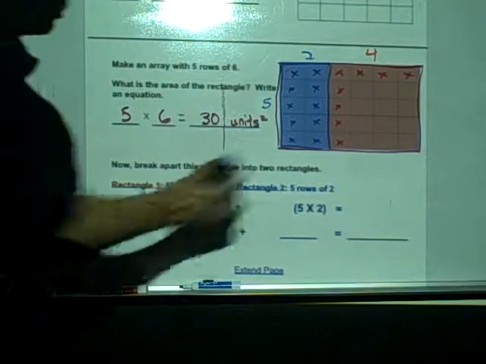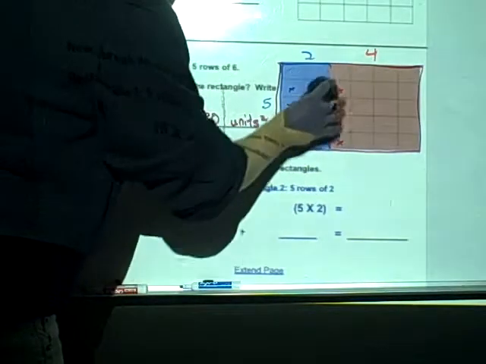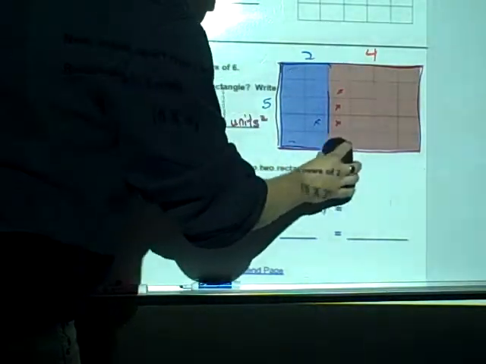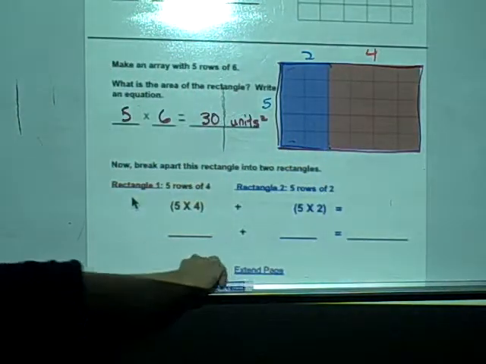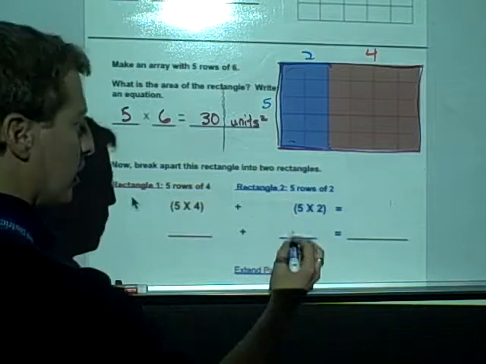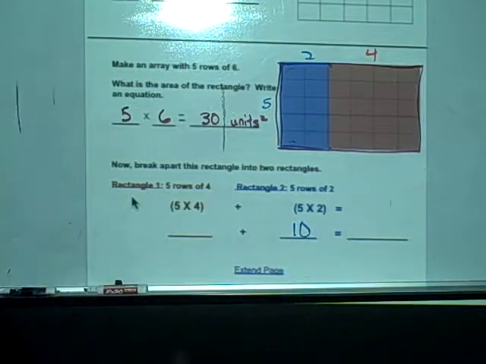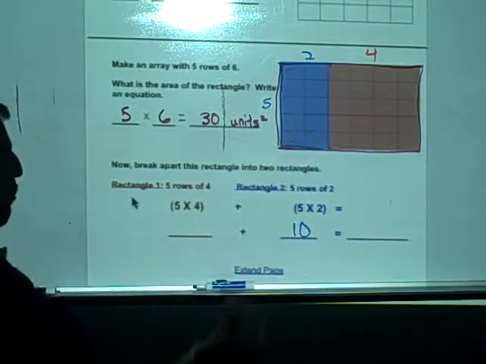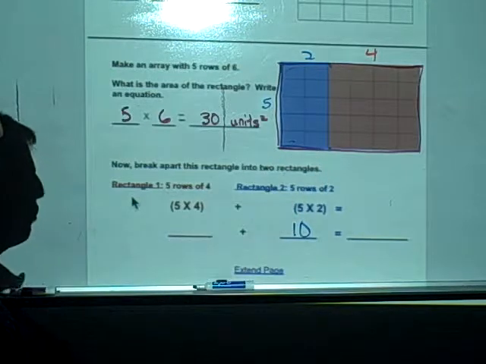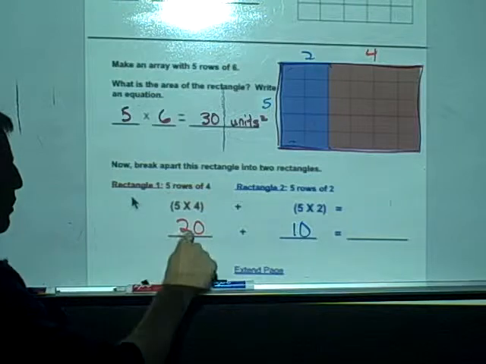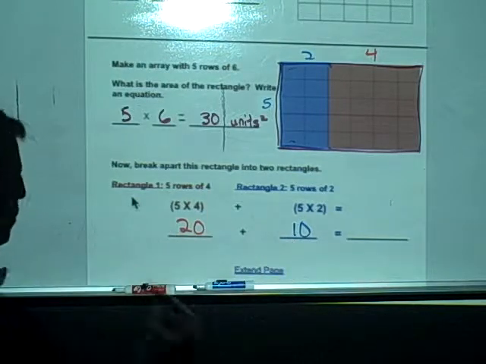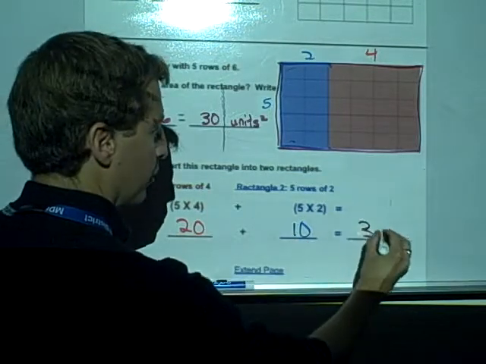Okay, I can erase my arrays now. Okay, so we have a 5 by 2 rectangle. What's 5 times 2? 10. And we have a 5 by 4 rectangle. What's 5 rows of 4? 20. And 20 plus 10 equals 30.